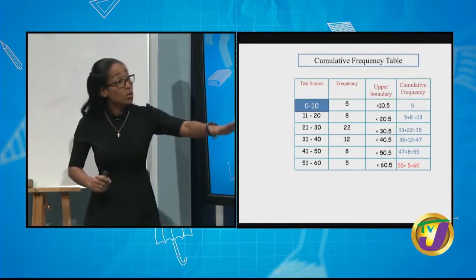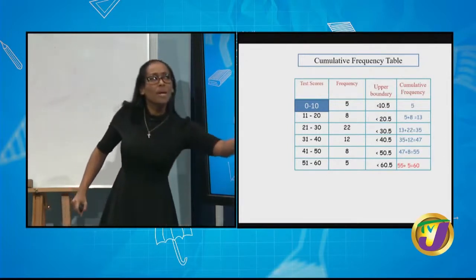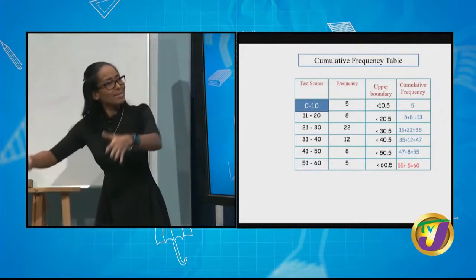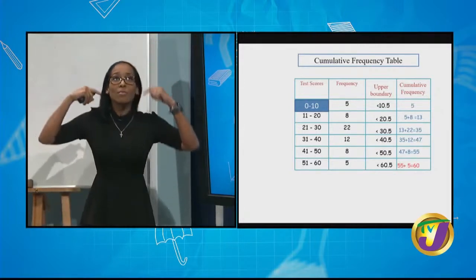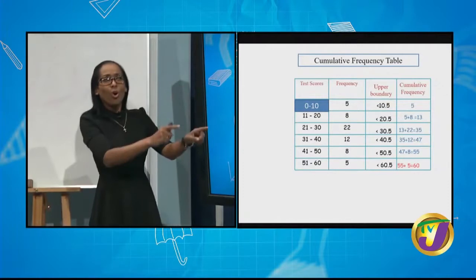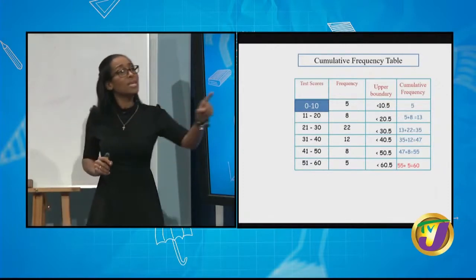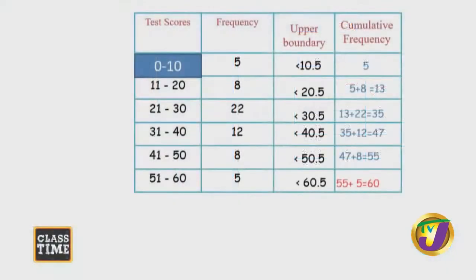But not only that, remember the scenario says there are 60 students. So I am now linking it to my total number of students being 60. In order to test if I'm correct with my cumulative frequency table, I must have the total number that I started out with, which was 60. You're learning.